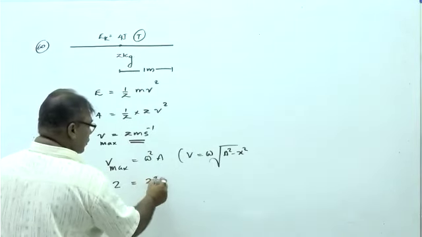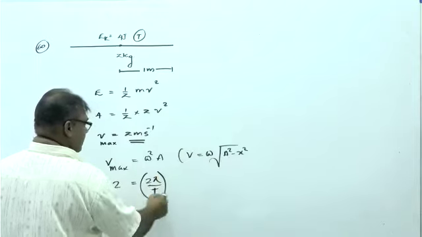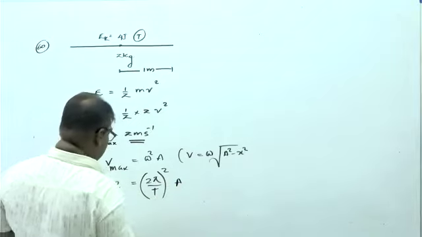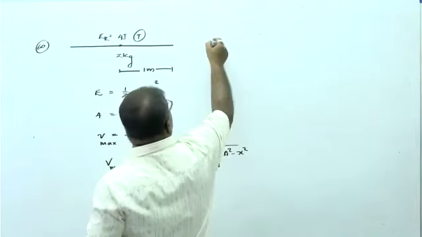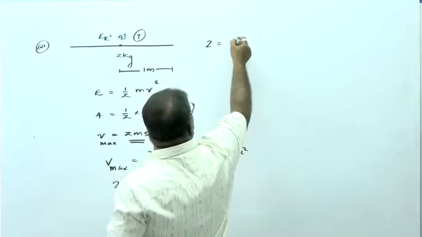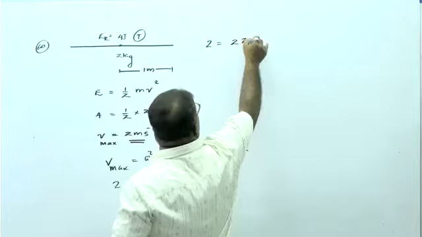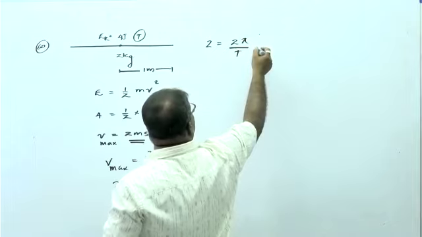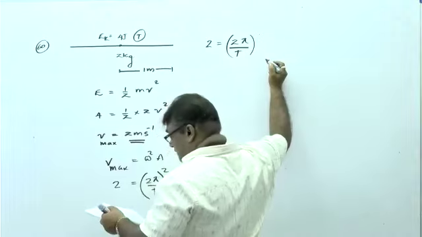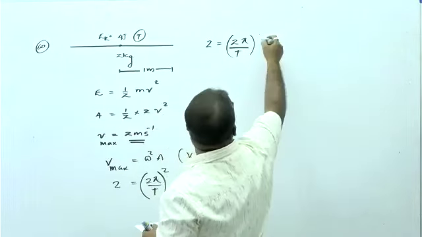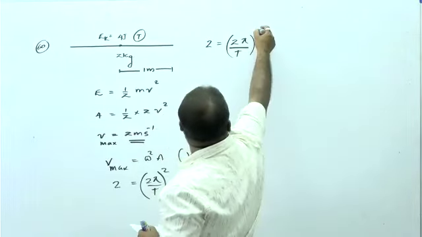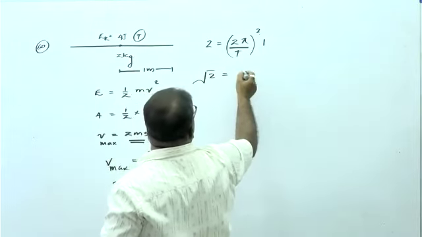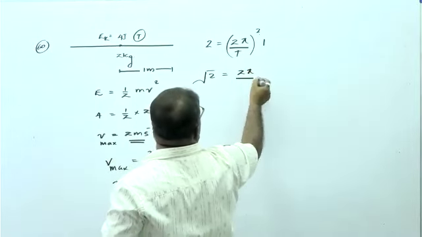From this one, this is 2. Omega is 2 pi over T, amplitude is A. We need the period. The amplitude is mentioned here, 1 meter. Then we have square root of 2 equals 2 pi over T, right?